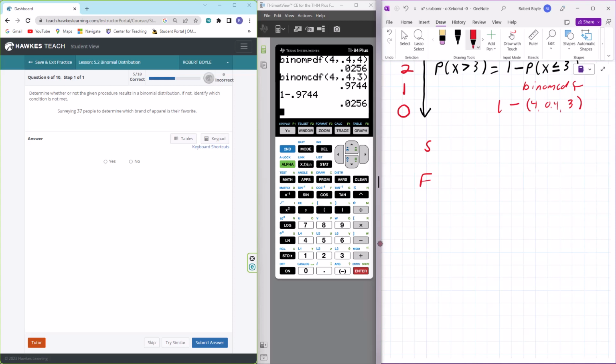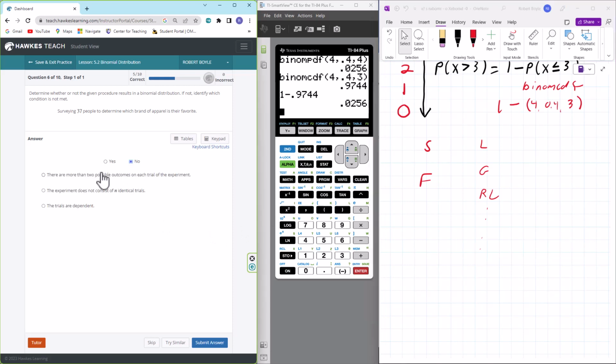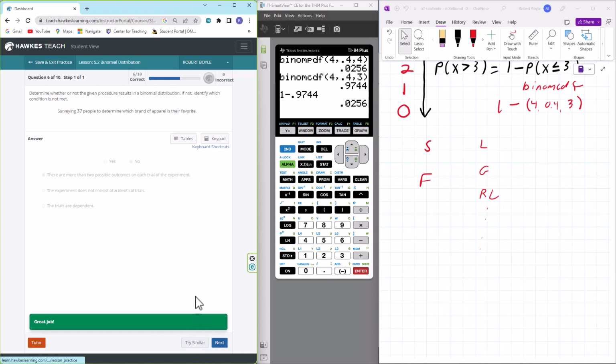I'm going to show you my ignorance relative to apparel, but there is Levi's, there is, I don't know, Gap, there is Ralph Lauren, and I'm sure there are others. Obviously, there are more than just 2 brands of apparel. So our answer here is going to be no. And why? Because there are more than 2 possible outcomes.